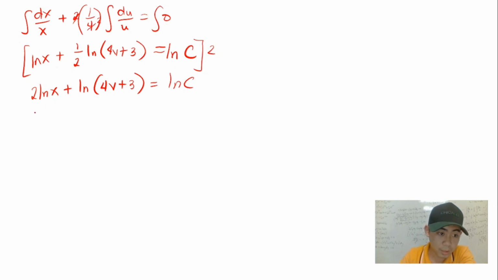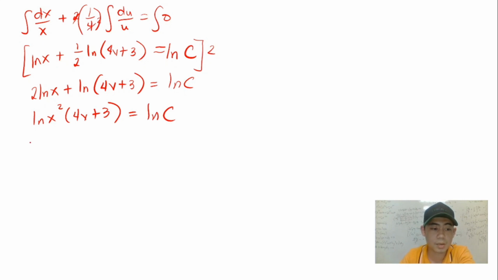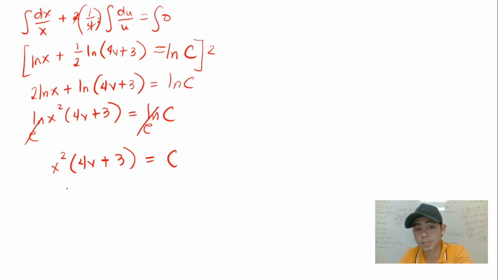So, ln of x raised to 2 times (4v plus 3) is equals to ln of c. Take base e so we can cancel the natural logarithm. So, x squared times (4v plus 3) is equals to c. But this is not yet our final answer.